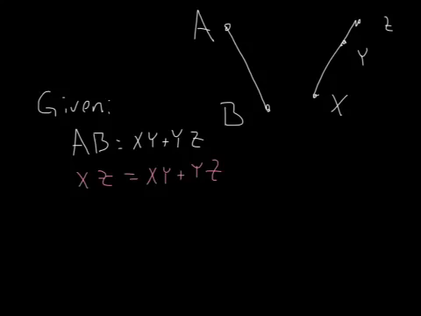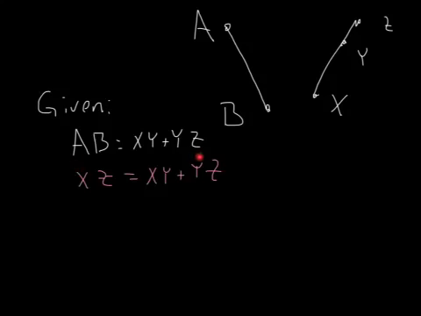Alright, the last one we have here is called substitution. And substitution is just like you might think in sports. When the coach wants a sub, he takes one player out and puts another one in. He substitutes another one in for him. So whenever you take some value and you replace it with a different but equal value, that's called substitution. So here we have some segments over here. We're given that AB equals XY plus YZ.